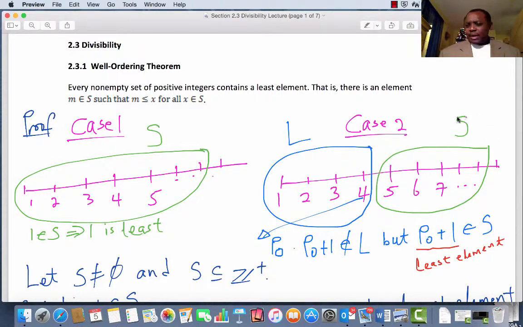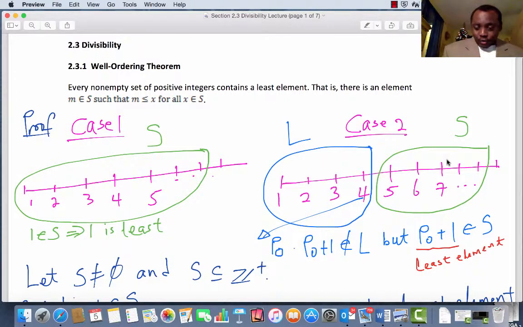I kind of forget about S for a while and define a new set L, where L is the set of all elements that are strictly less than the elements that are in S. So if S had elements, for example, 5, 6, 7, and whatever, then L would have elements from 1 up to 4. 1 is the least element in Z plus, and if L is the set of all elements less than S, 1 has to be in L. Observe that the intersection between L and S has to be an empty set.